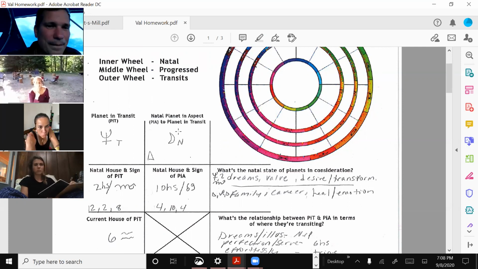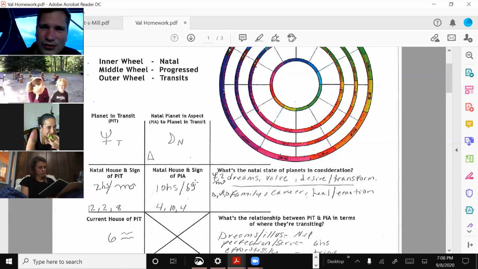And it was originally in the second house, in Scorpio? And the moon was originally in your 10th house in Cancer.